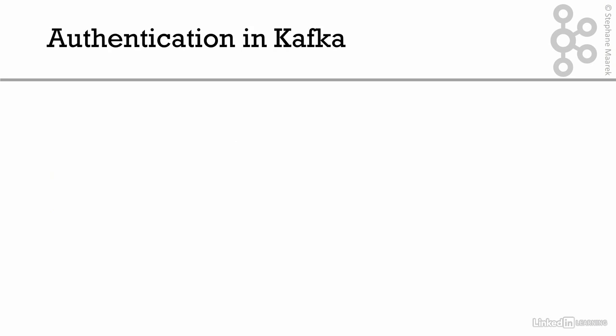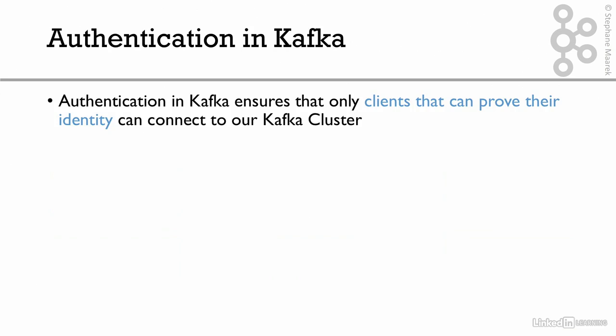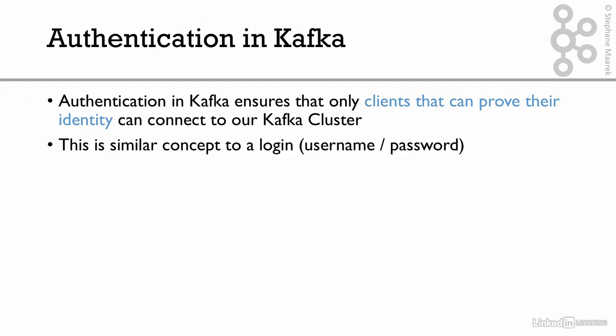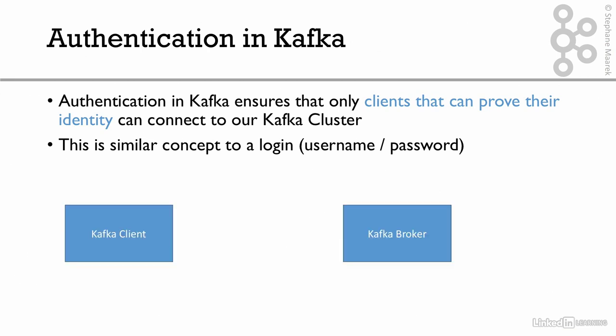And then once you have secure encryption, you need to authenticate to Kafka. Authentication in Kafka basically ensures that any client can prove their identity when connecting to a Kafka cluster. This is pretty similar to concepts like a login, like username and password, okay? When you go to google.com, sometimes you log in and Google knows more about you. We want the same for our Kafka clients.